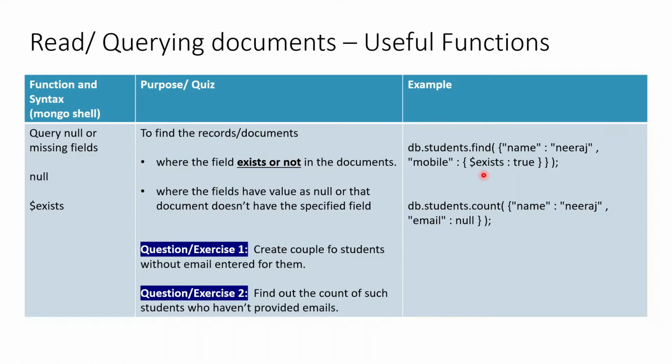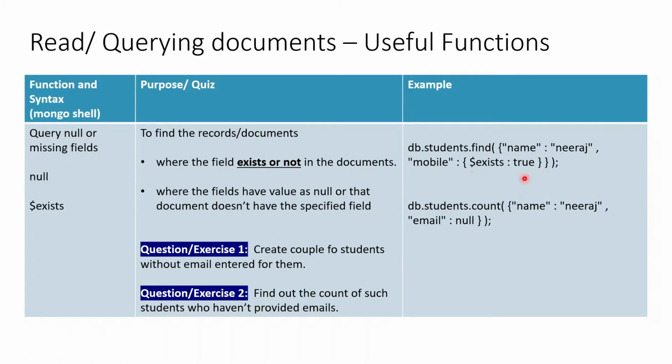For example, I want to find out a student where name is equal to Neeraj and they have provided mobile field also, that is the value of mobile field. For some of the students they may not have mobile, but for some of the students they may have mobile. So this is just for a demonstration purpose. So how can we query where this field or any field for that matter exists in that collection?